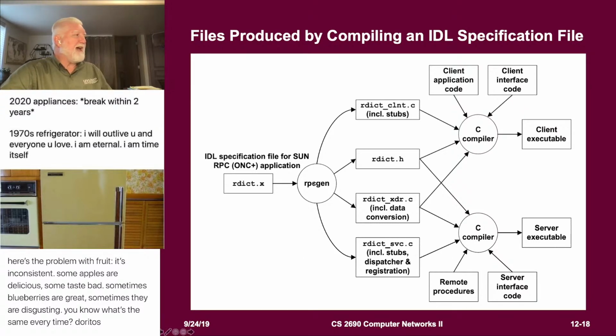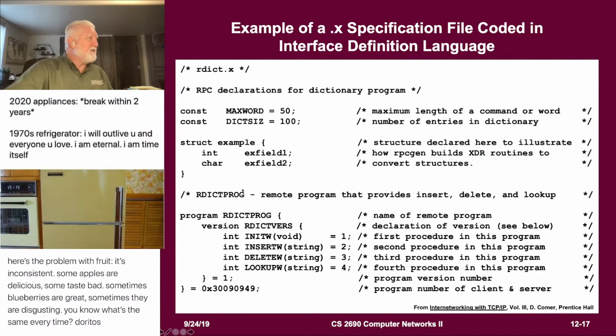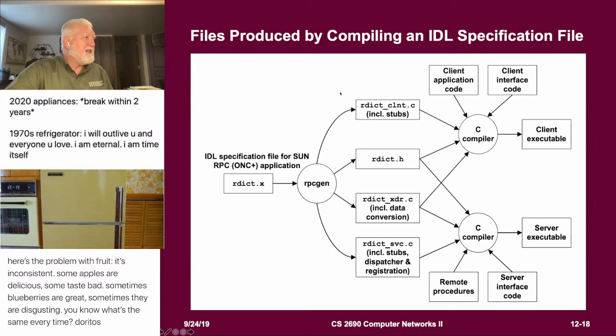But all that's really happening is it goes through this RPC gen, takes this rdict.x. This is just an example of a remote dictionary program. That's why it's called rdict.x. That goes into RPC gen, which creates C files and .h files. It's funky, but it actually creates C code.